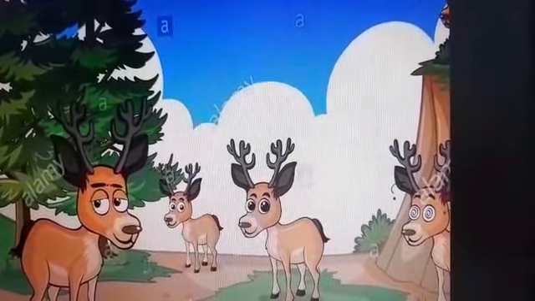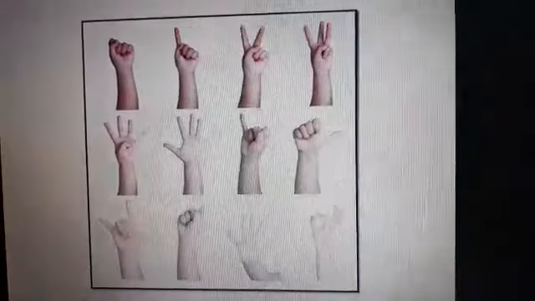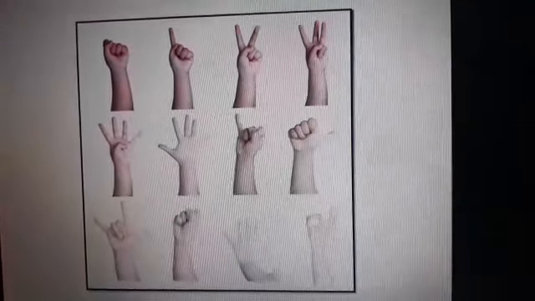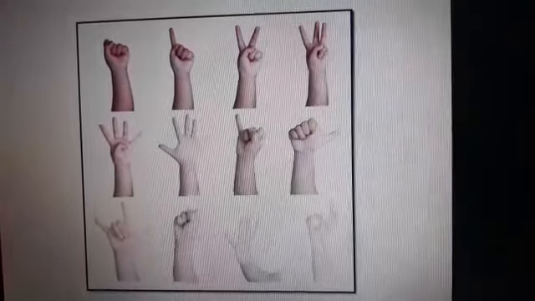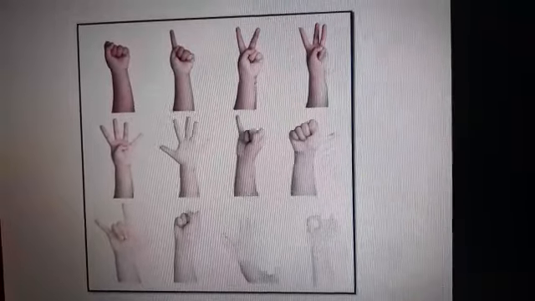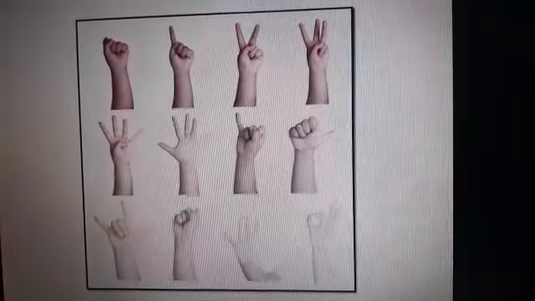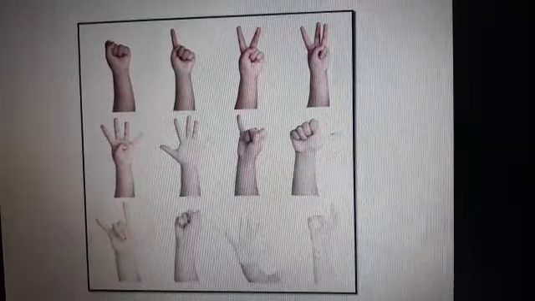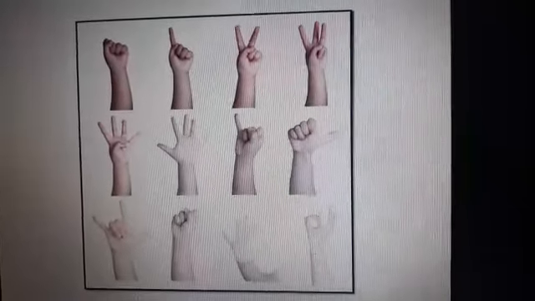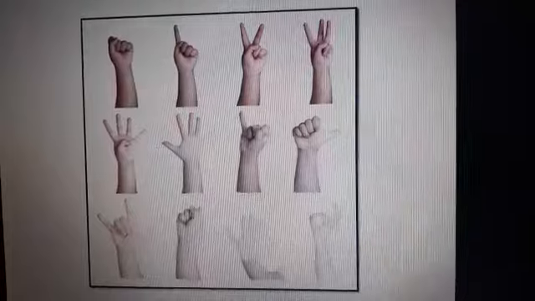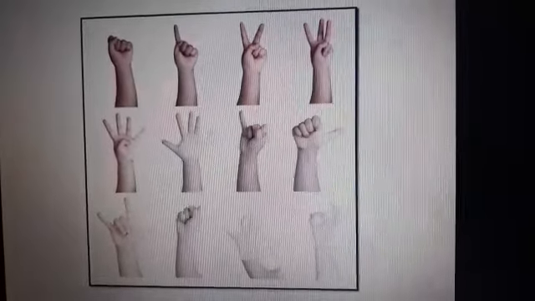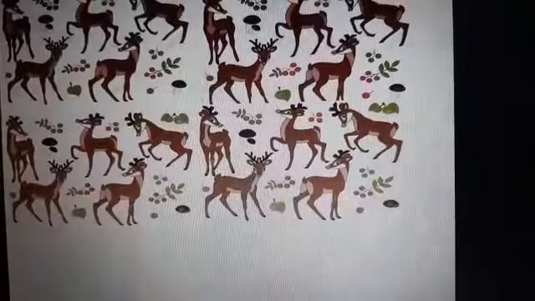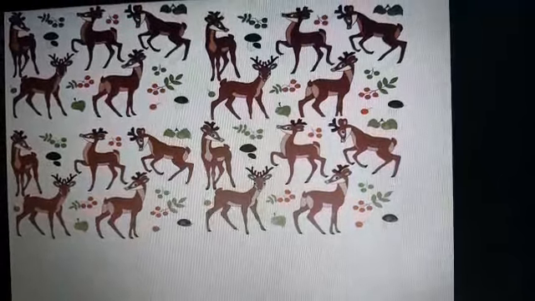So they developed a method of counting using fingers. It was a successful method, but the only problem was that we only have 10 fingers. Now the problem they faced was how to tell about a larger number of animals.